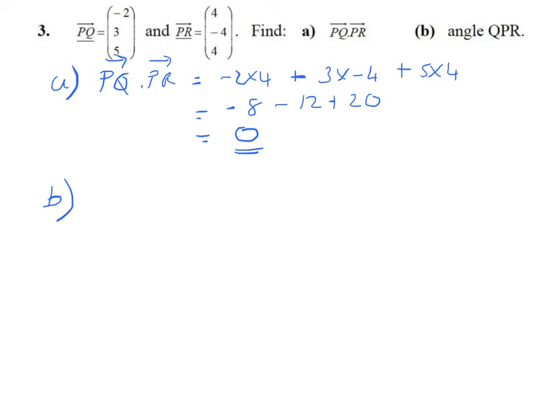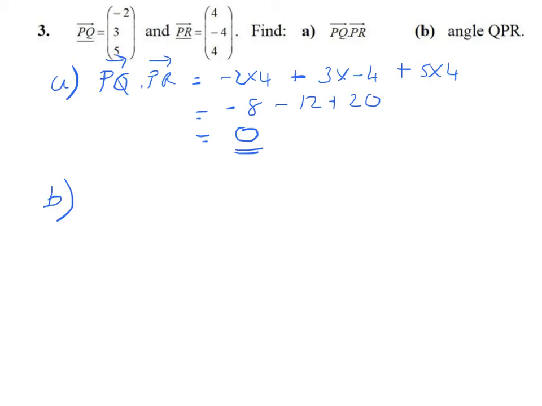Part B. This particular example that we have here, we know that if we have a scalar product of 0, the lines are perpendicular. So straight away we actually know the answer to this question is 90. But I'm going to go through the process because you won't always get one that's that straightforward.